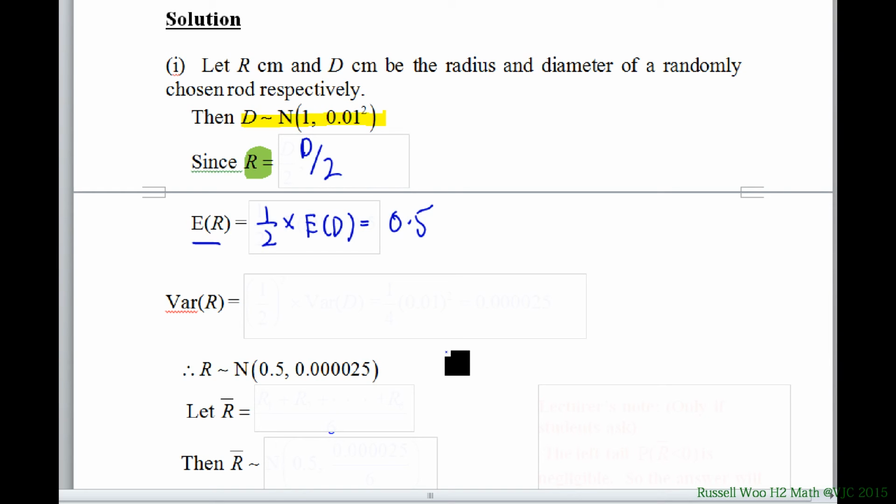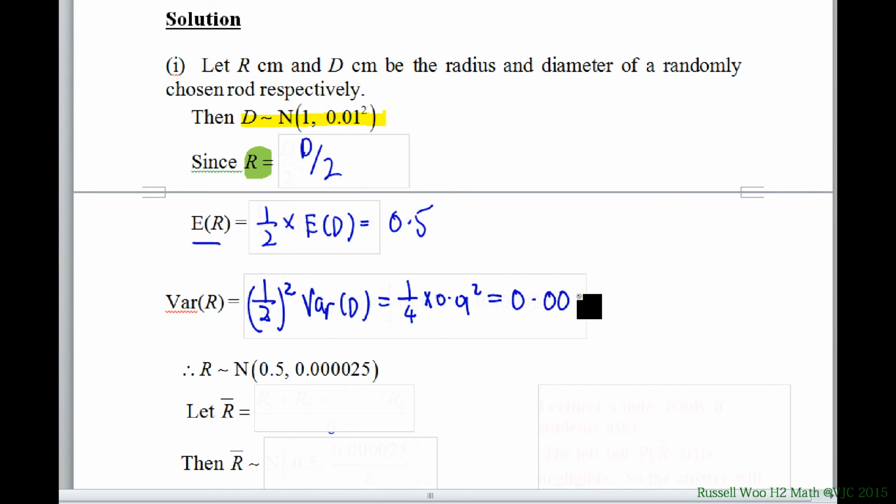So it must be 0.0000025, with 4 zeros. This is 0.01. Better write properly. Not difficult. So now we can safely say that R has this distribution.